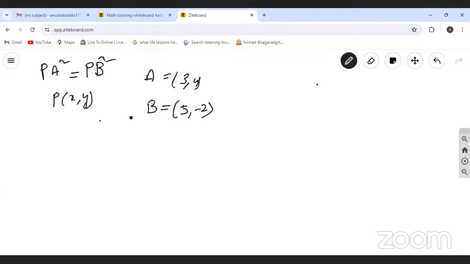Is there anyone who is doing it? Dear children, please use the distance formula. If you are using the distance formula, what equation did you get? Can anyone please tell me?